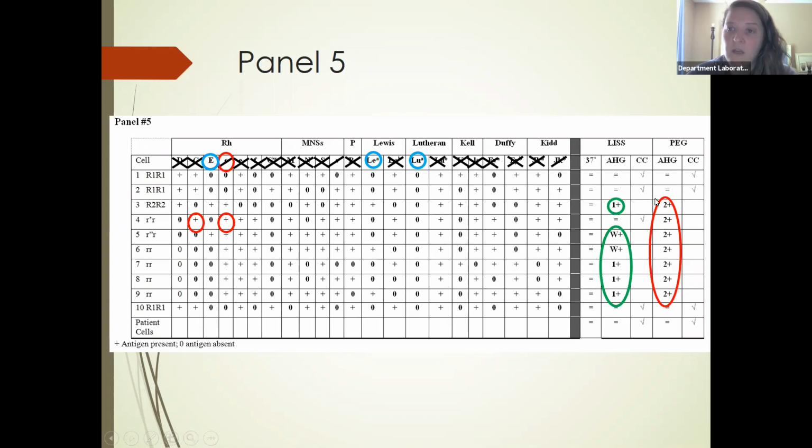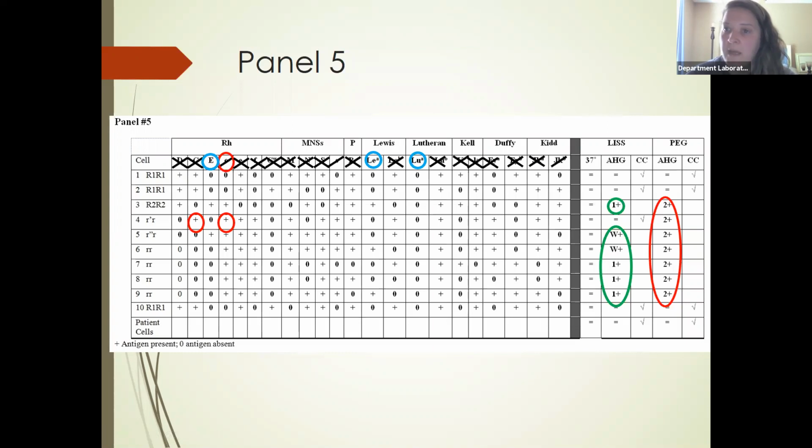That's why we also did PEG testing as well. And notice when we did our PEG testing that our reactions got stronger, and that panel cell number 4 now has a 2+ reaction. If you ask yourself what else you could do other than PEG, you could also do enzyme testing. Remember, enzyme testing will enhance your Rhs as well.